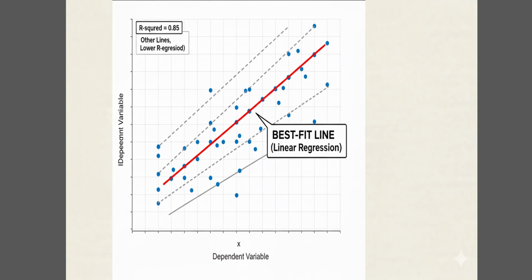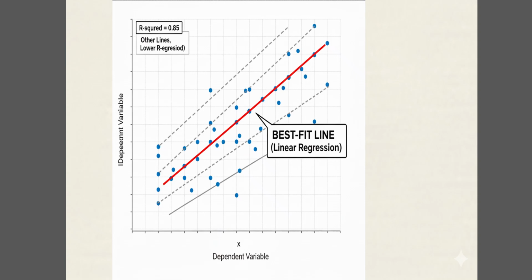You can think of R squared as a goodness of fit score from 0 to 1. It tells you what percentage of change in our y variable can be explained by our x variable. Here you can see in the top left-hand corner that the value of R squared is 0.85. That's pretty good.